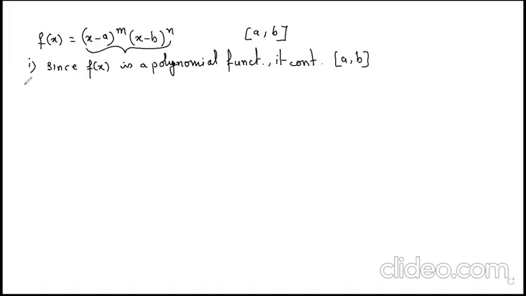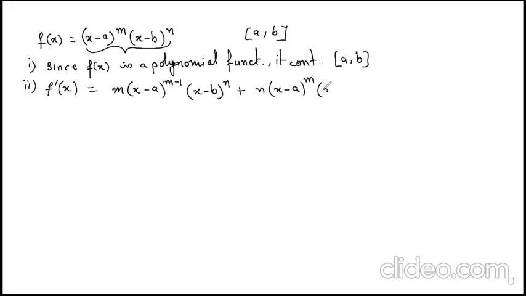Now, number 2, they have said that f(x) must be derivable in the open interval AB. So let us take the derivative of f(x). f dash x will be m(x minus a) to the power m minus 1 times (x minus b) to the power n, plus n(x minus a) to the power m and (x minus b) to the power n minus 1.